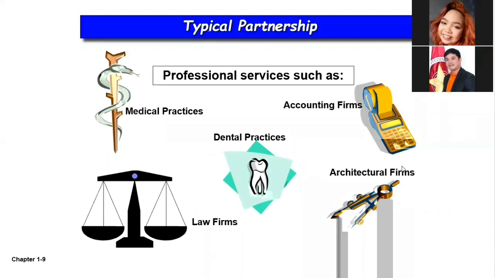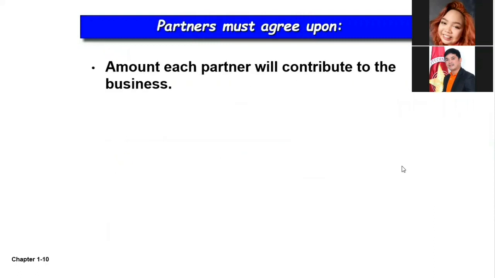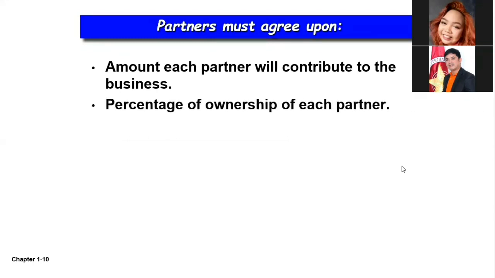Okay, di ba? SGV, yung ating big four, some of them are partnership. Okay, so at the beginning of the partnership, syempre, the two or more individuals enter into a contract that details the rights, the obligation, pati yung limitation ng bawat partner, including the amount of each partner na i-contribute nila to the business.